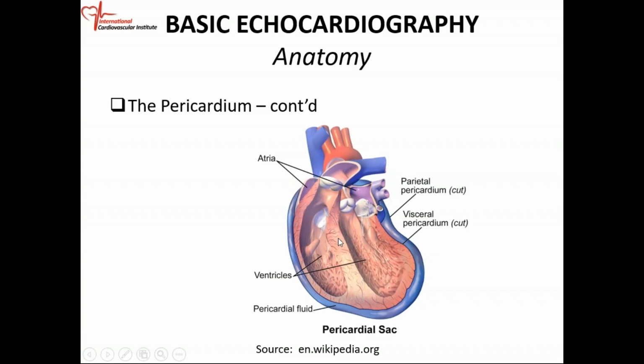The heart is a muscular organ that pumps blood. Okay, so this thick septum, ventricular septum, separates the heart into a left ventricle and a right ventricle. Okay, all right.